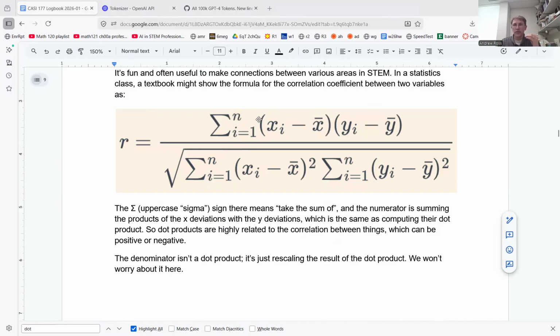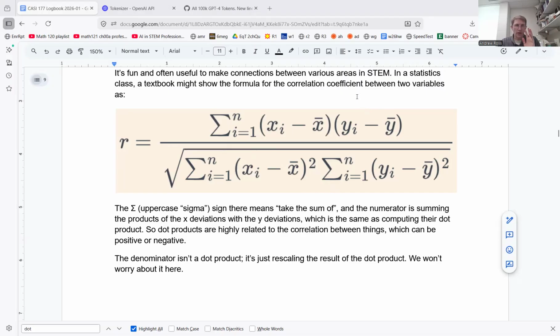And so the numerator is summing the products of the X deviations from the mean of X with the Y deviations from the mean of Y, which is the same as computing the dot product of those deviations. So dot products are highly related to the correlation between things, which can be positive or negative, kind of like we were talking about alignment of a job candidate with the ratings. The denominator here isn't a dot product, it's just a rescaling of the result of the dot product, so we won't worry about it here.